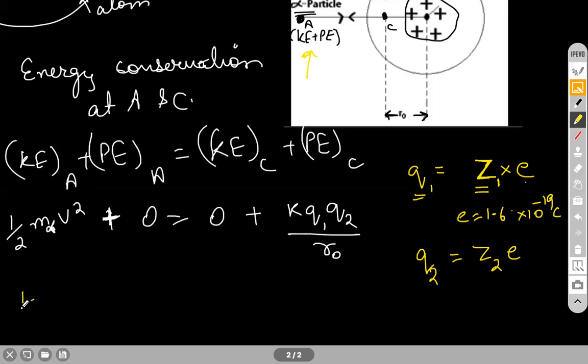So can I write here half mv square is equal to k z1 z2 e square by r naught?